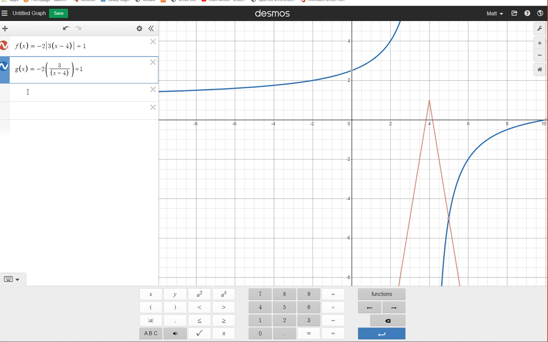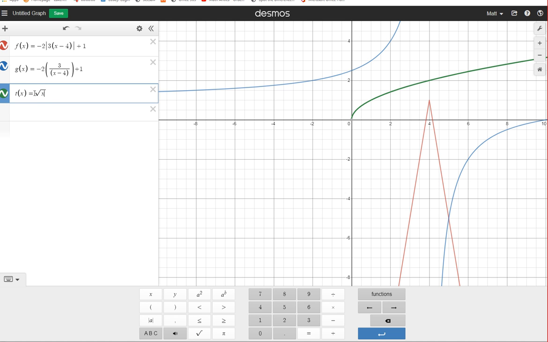Of course, we had our third one we can call t of x, and that was our square root function. With our square root function, we can say the same sort of thing. We've got a -2 in front.